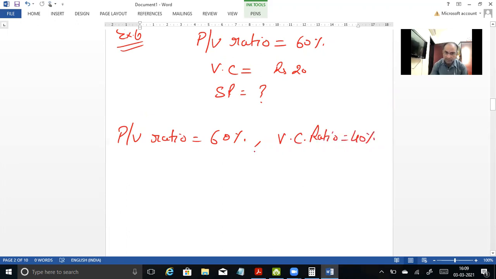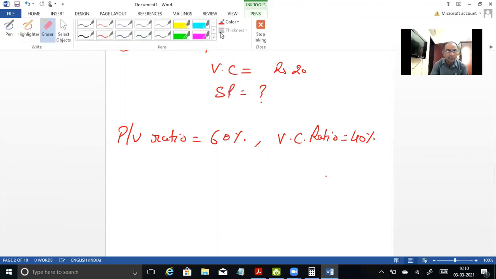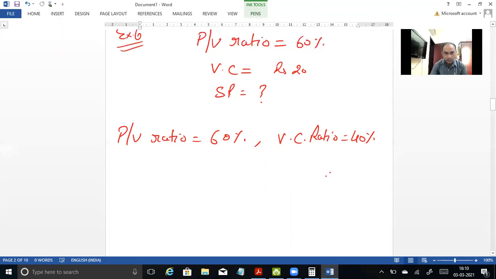Okay, this is a check. If it is 75%, it would be 25%. If they have given you the variable cost ratio, then you can easily find out the PV ratio also. Fine. So here in our question it is giving a 60% PV ratio, so it would mean that the variable cost ratio would be 40%, right? And the actual variable cost is given to you as 20 rupees.